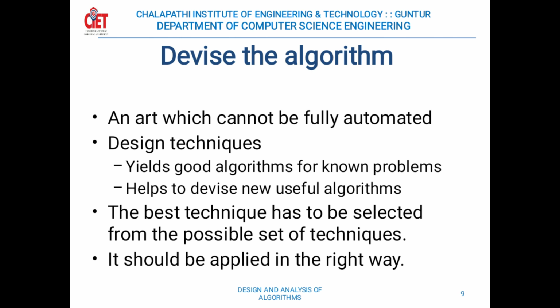Dynamic design paradigms are dynamic programming, backtracking, and branch and bound. So in this way, in the design phase, we select any one of the paradigms which is suitable to find the solution. Based on that paradigm, we develop the algorithm.